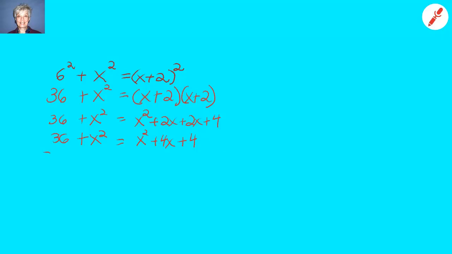I'll subtract 36 from both sides, and I'll subtract x squared from both sides. That will leave me 0 on the left. On the right, my x squared is zeroed out, and I'm left with 4x. 4 minus 36 is negative 32.